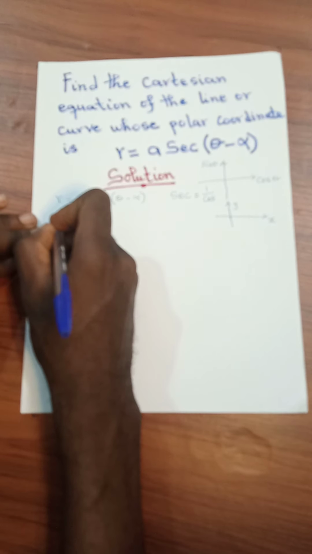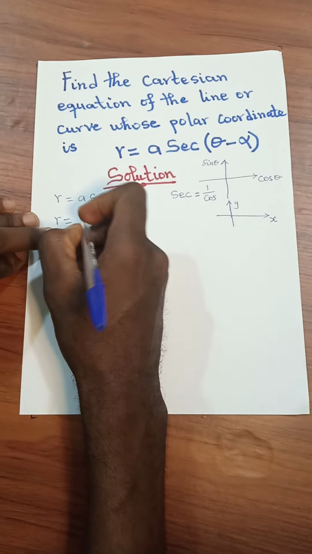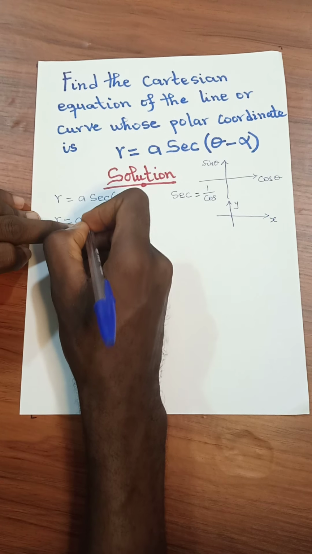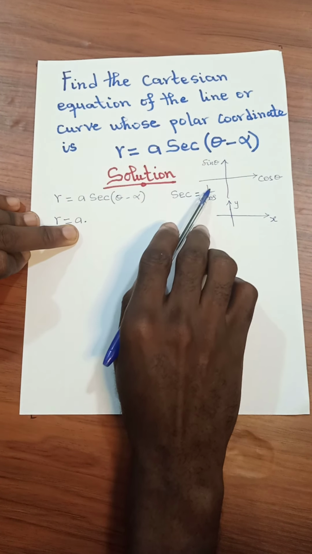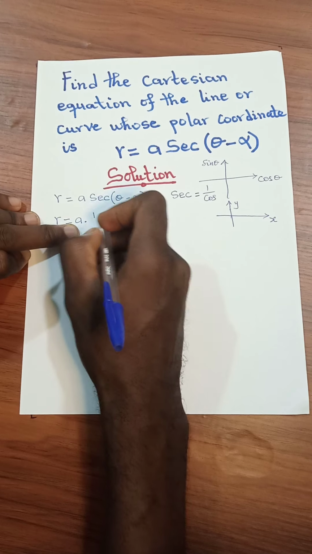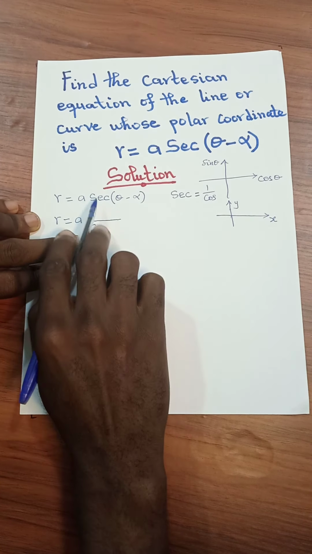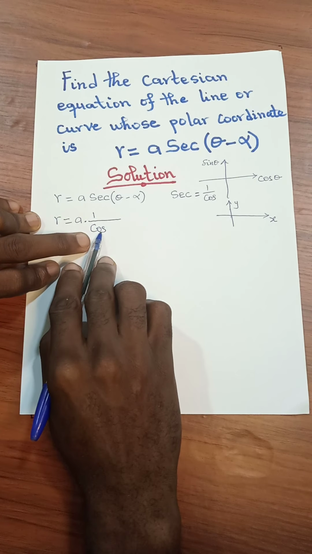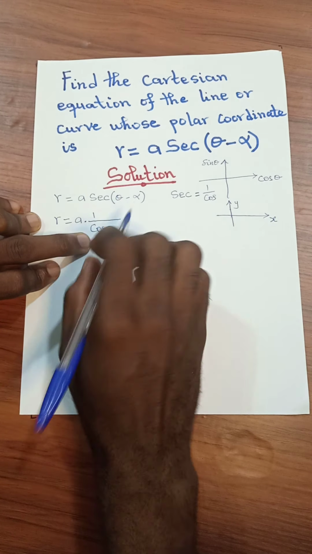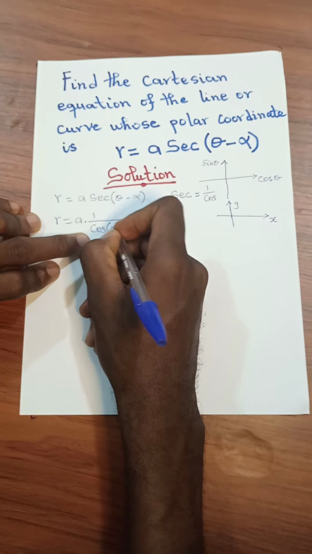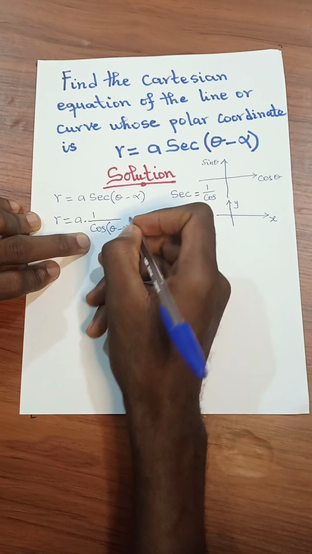Rewriting the same equation, we have r equals a multiplying 1 over cos(theta minus alpha).